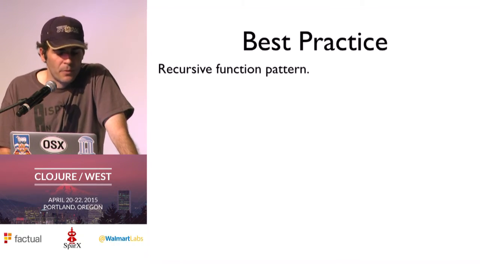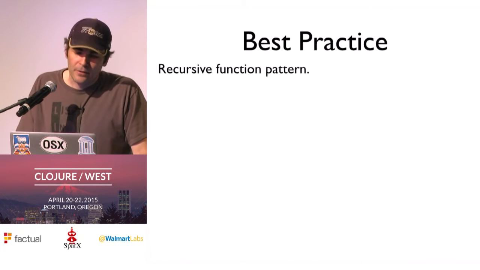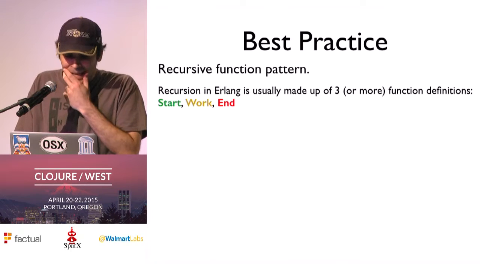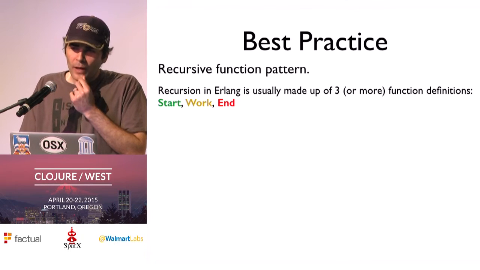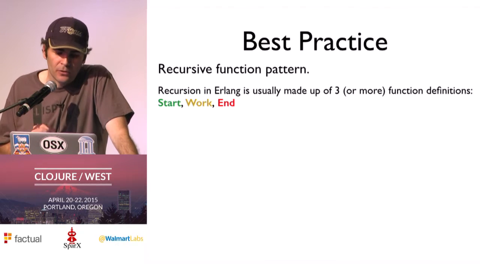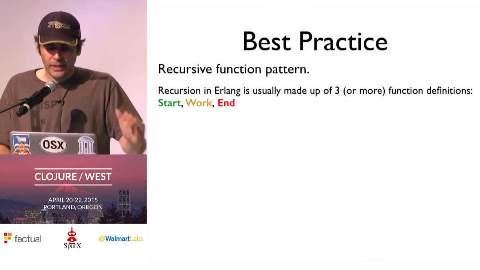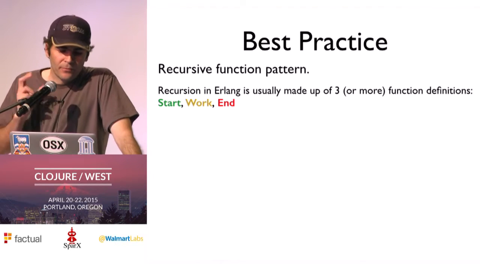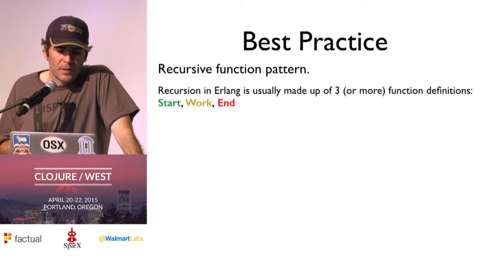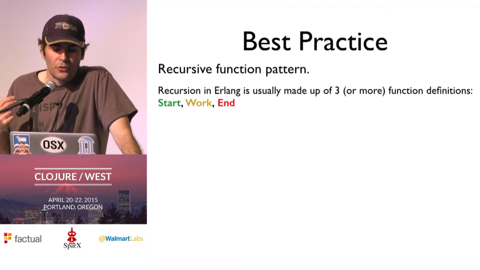And this last best practice is my absolute favorite one. I call it the recursive function pattern of pattern matching. It comes straight out of Erlang, where recursion is usually made up of three or more function definitions all together. You have one, or sometimes more than one, function definitions pattern matching to your start case.